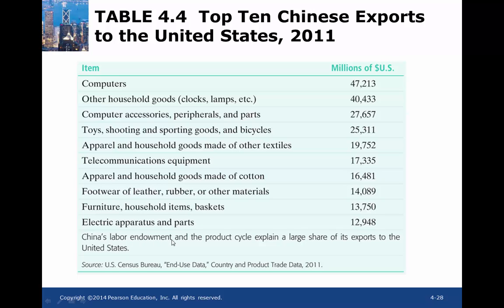China's labor endowment and the product cycle explain a large share of its exports to the United States. So you can see, by all these items exported to the United States, China's labor endowment and the product cycle explain a large share of its exports to the United States.